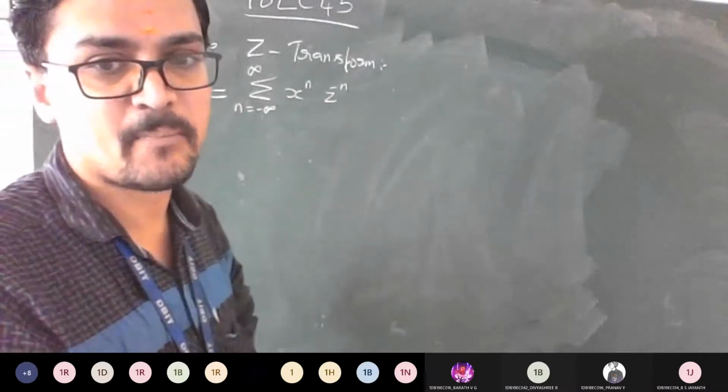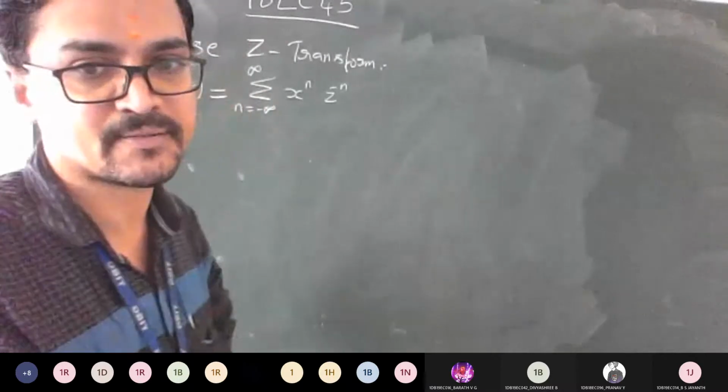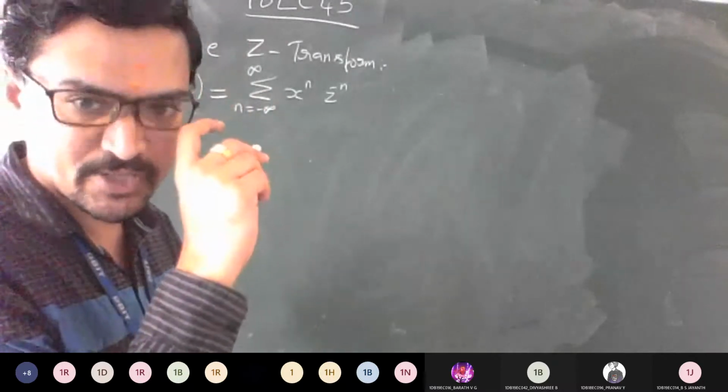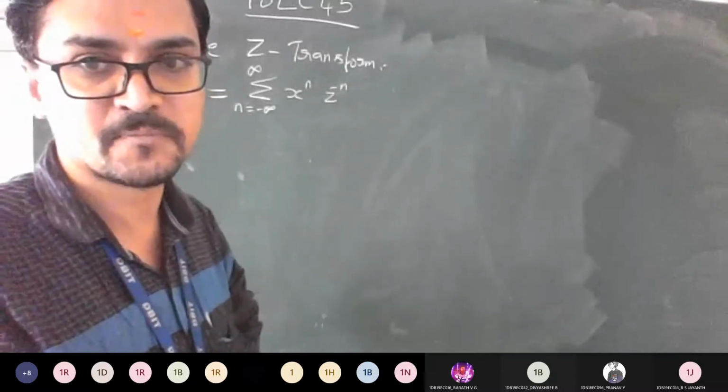So the thing I told is the power series expansion method or long division technique. It's a 10 marks question. We'll go with a small question straight away. Write the first one.